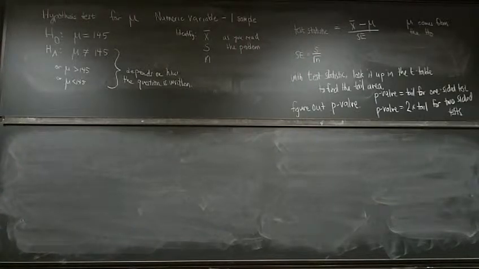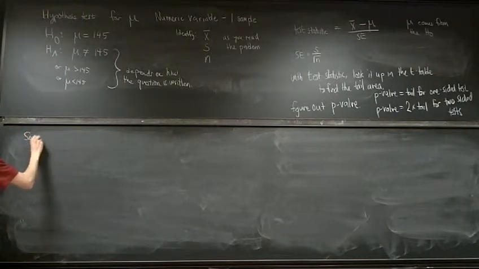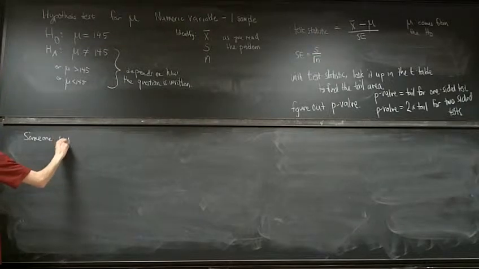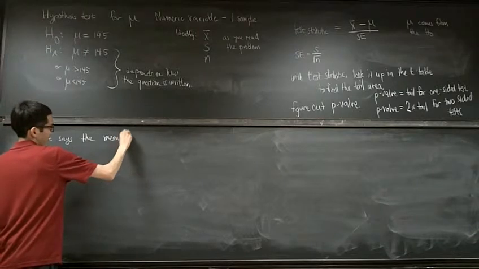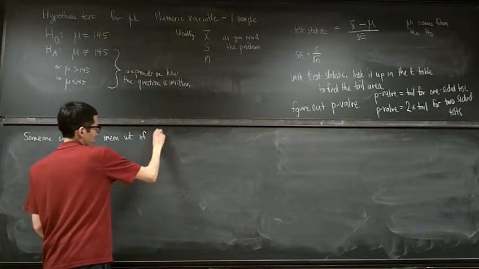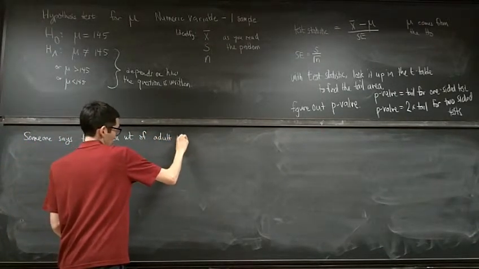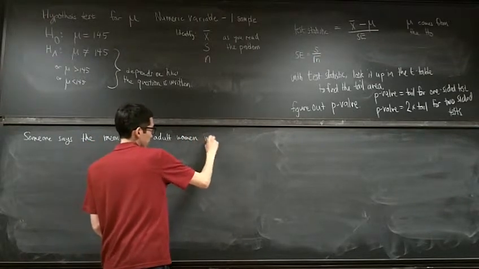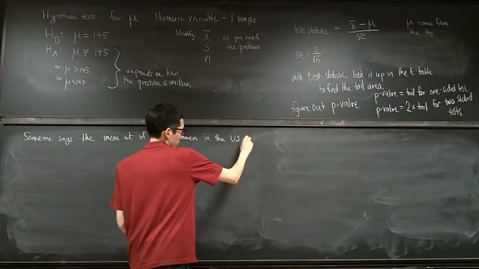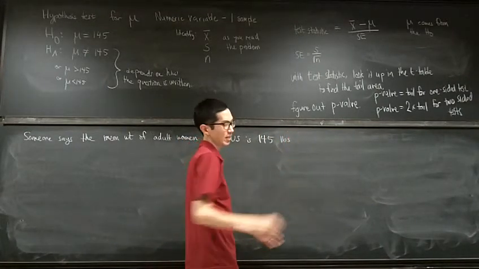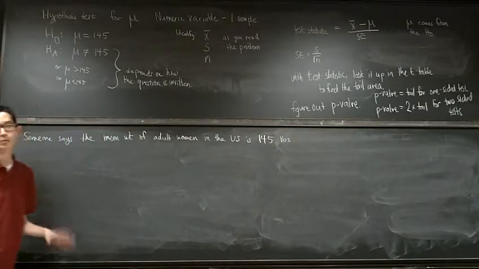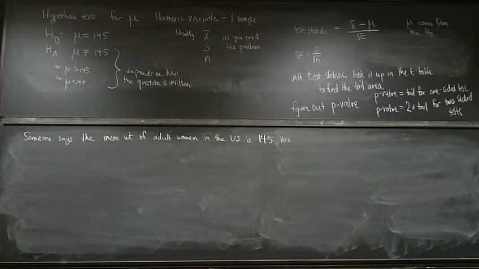Alright, so we'll say someone says the mean weight of adult women in the US is 145 pounds. I have no idea. Someone says that.